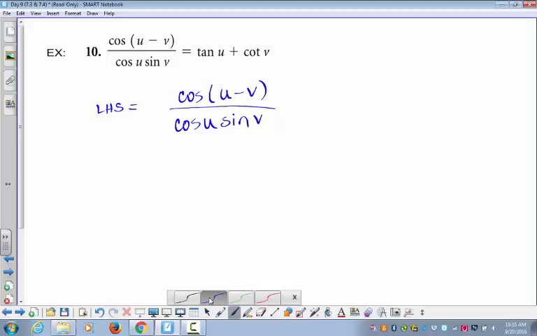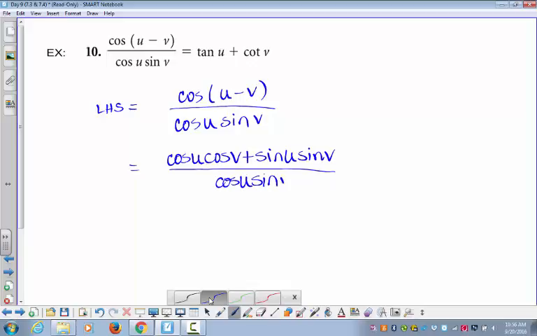The first kind of obvious step is let's get rid of that cosine u minus v thing. Let's use our cosine of a difference. We know that that's going to be cosine u cosine v, and then plus or minus. Plus, sine sine: same, cosine opposite. It'll be very close.